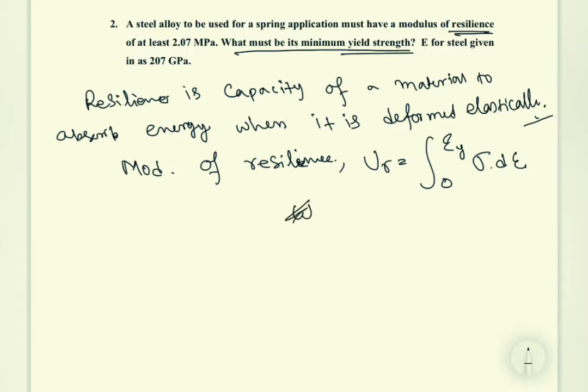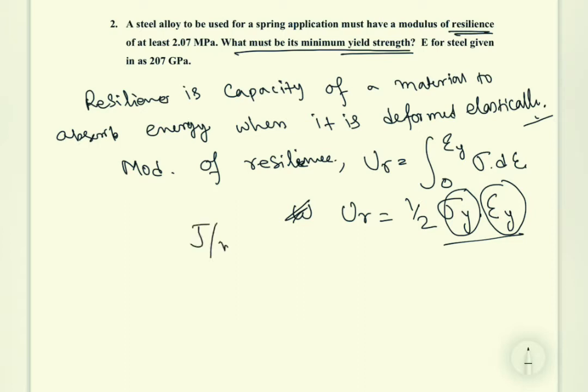So what we get is half sigma y into epsilon y, where sigma y is the stress at yield and epsilon y is the strain at yielding. The unit is actually joule per meter cube, which is equivalent to Pascal. So this UR is half sigma y into epsilon y.